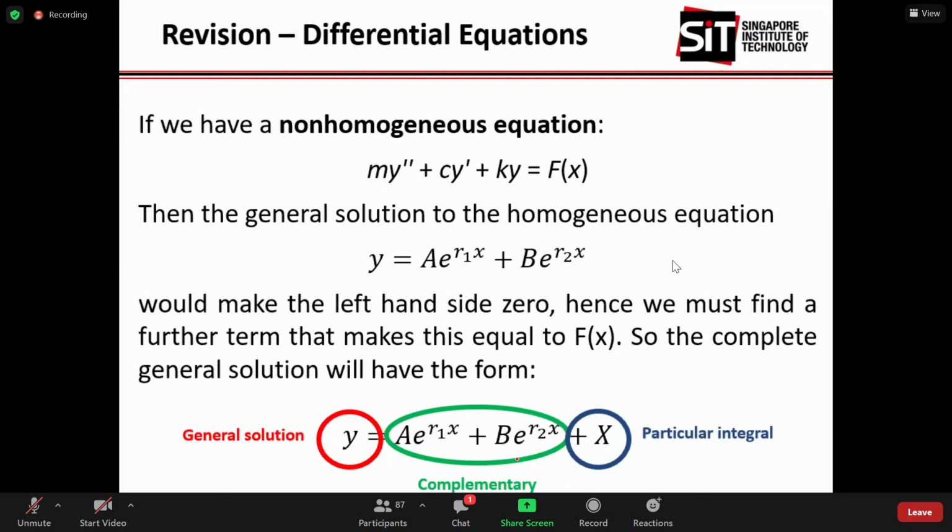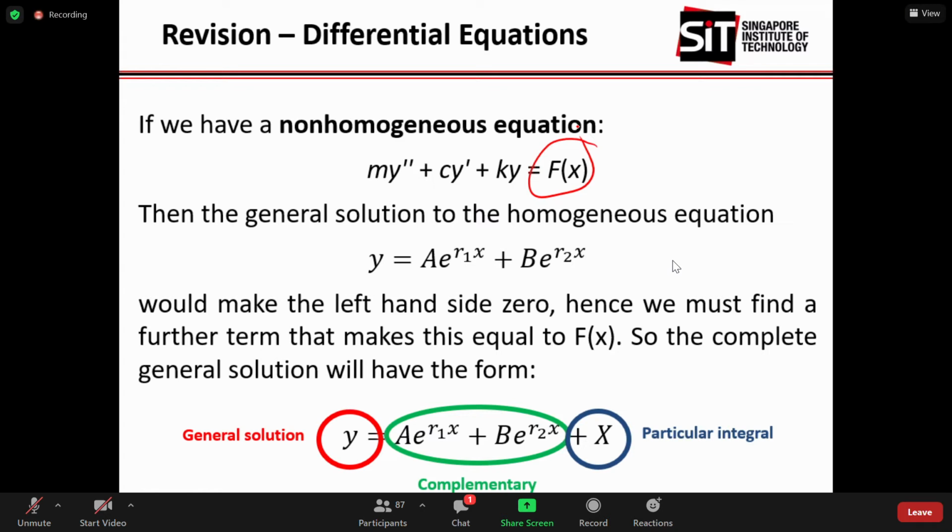We can also have non-homogeneous equations. That is an equation which is not equal to 0, but is equal to a certain function of x, which is often known as a forcing function.